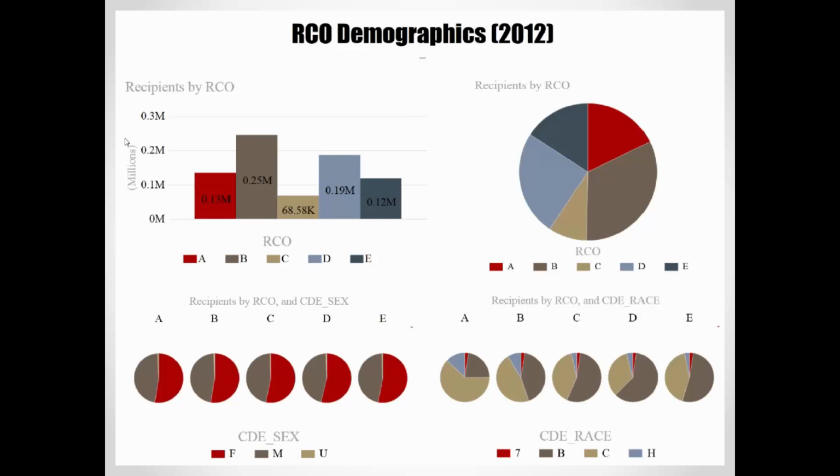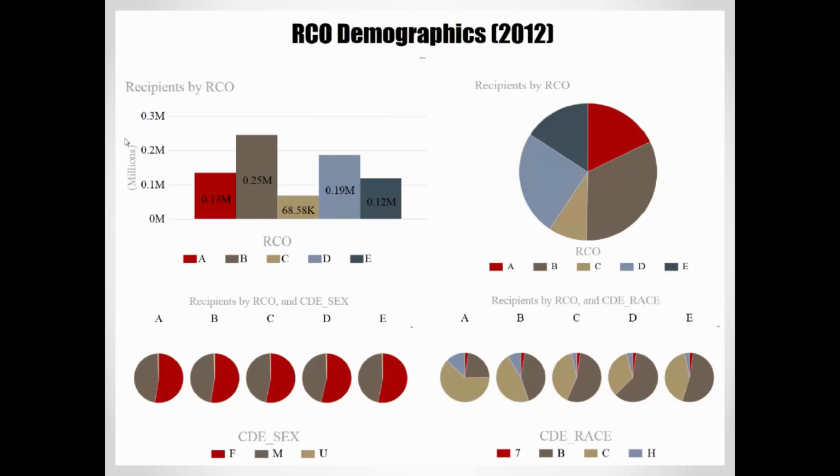One thing that you'll see is that pattern that's shaped by the different sizes of the RCOs. You'll notice that they're not all the same size. That kind of pattern you'll see throughout this as we look at cost and other breakdowns of populations. You'll see that because a lot of our costs and a lot of our utilization is based upon population numbers, and the distinctions are much smaller than the population differences there.